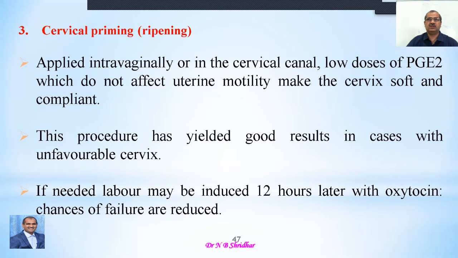And for cervical priming, the prostaglandin analogs are applied intravaginally or in the cervical canal, and low doses of PGE2, which do not affect the uterine motility, make the cervix soft and compliant. And this procedure has yielded good results in cases with an unfavorable cervix. So if needed, labor may be induced 12 hours later with oxytocin, and the chances of failure are reduced.